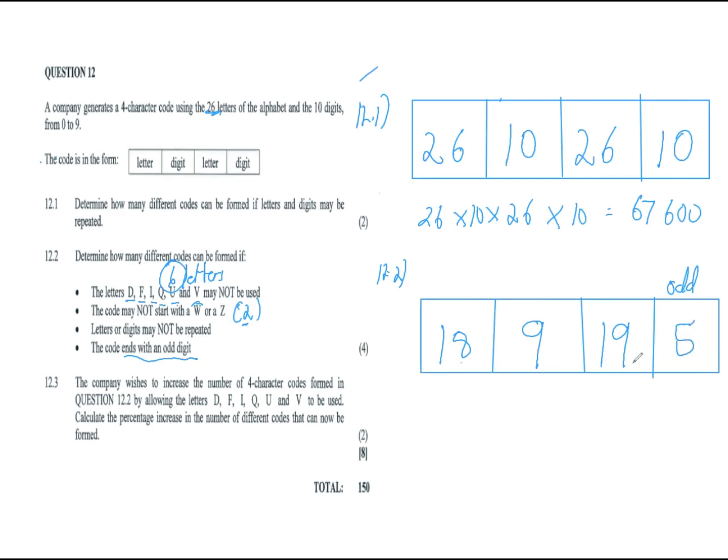Because it's either going to be a 1, a 3, a 5, a 7, or a 9, which are 5 digits that you can actually choose from, right? So that's a probability. That the probability is showing you the number of options that you have in terms of having to substitute in that particular block. So that means it's 18 multiplied by 9, multiplied by 19, multiplied by 5, which will give us what?